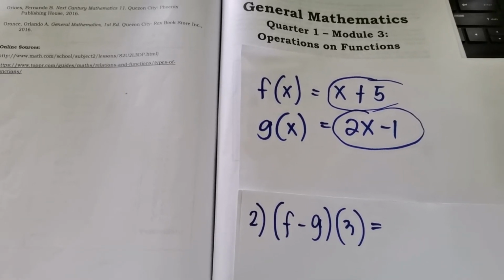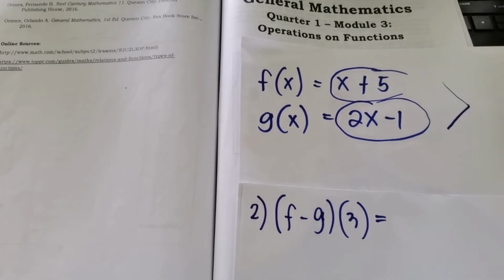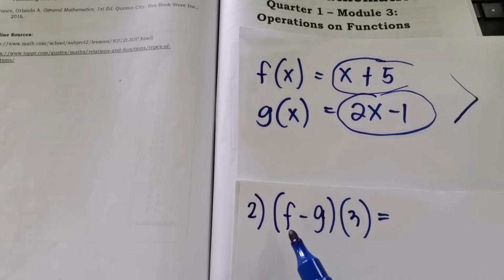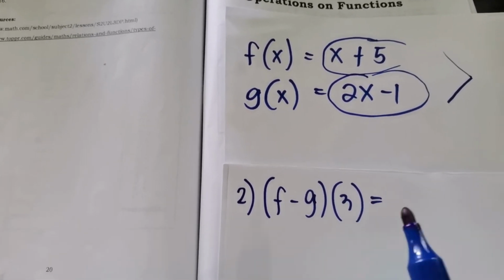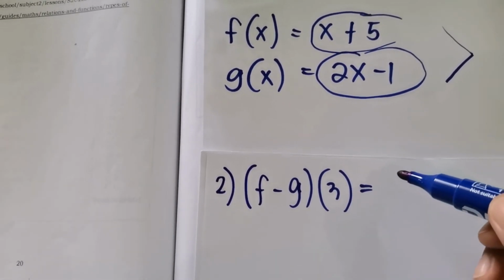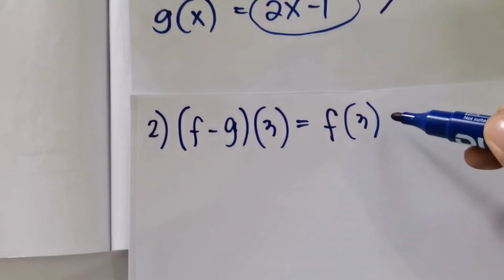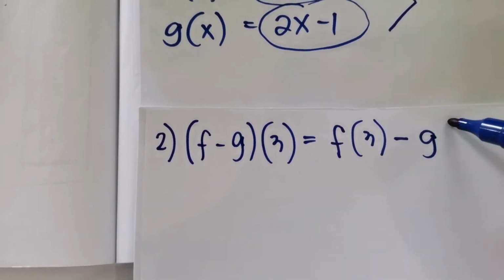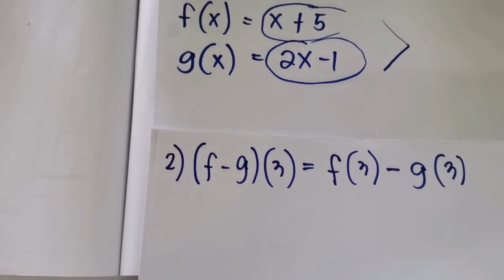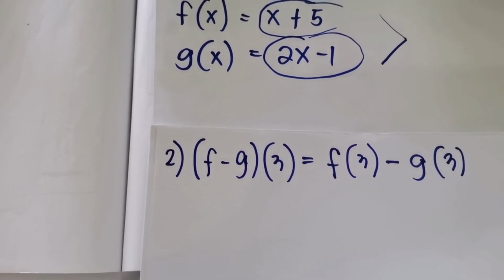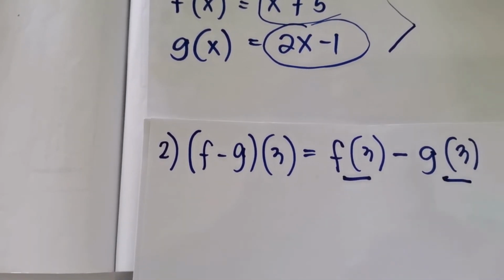Example number 2. Given the same functions, let's get the value of the quantity f minus g of 3. So using the definition, that is simply equal to f of 3 minus g of 3. Now we will first find the value of f of 3 and g of 3.